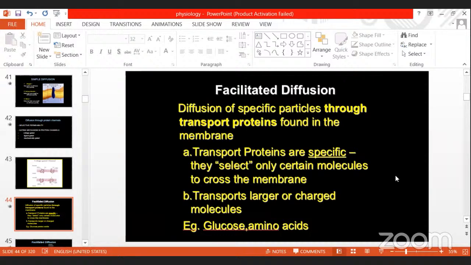The transport proteins are specific. They select only certain molecules to cross the membrane, which helps to transport larger or charged molecules like glucose and amino acids without using energy.